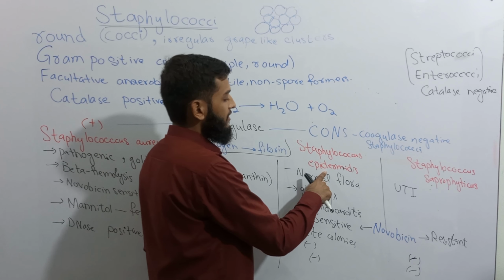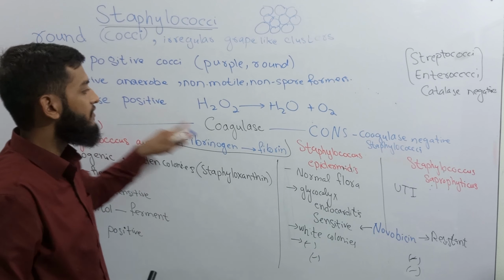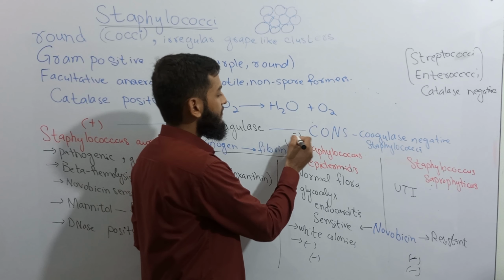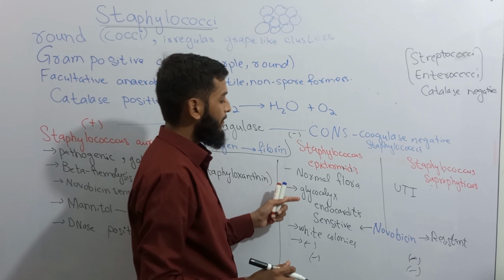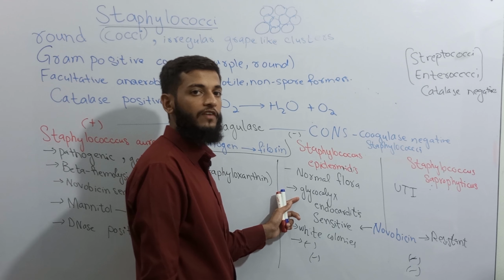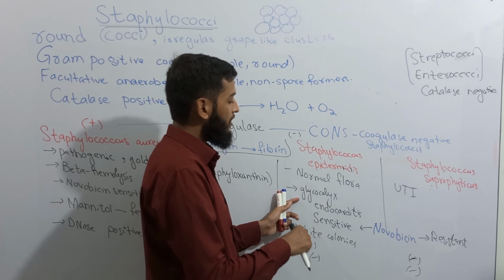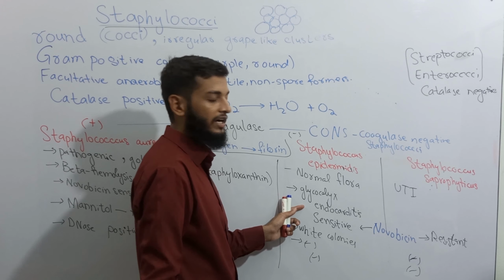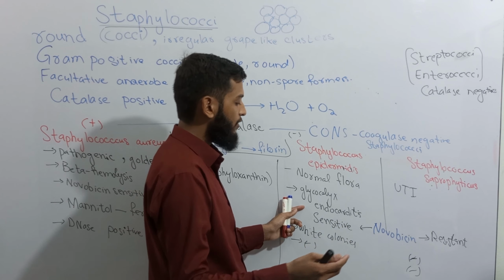Staph epidermidis is a gram-positive cocci. It's catalase positive and coagulase negative. It's a normal flora of the human body. Only strains of Staph epidermidis containing glycocalyx cause infection in people having prosthetics in their body, causing infections like prosthetic valve endocarditis or prosthetic infections of other body parts.